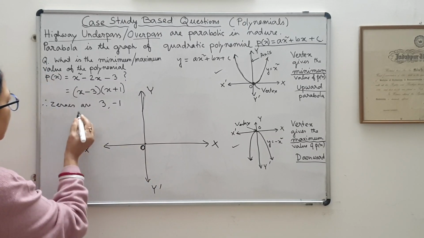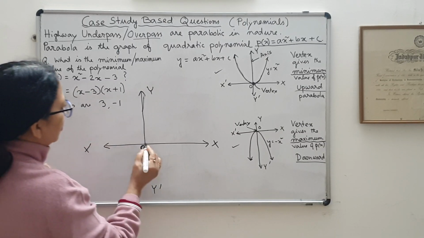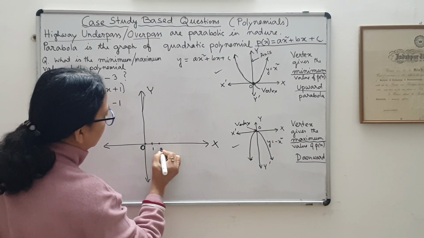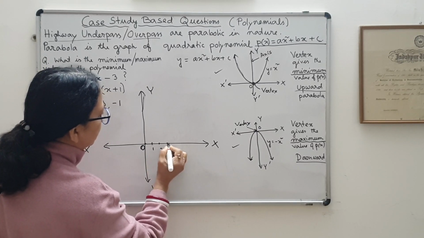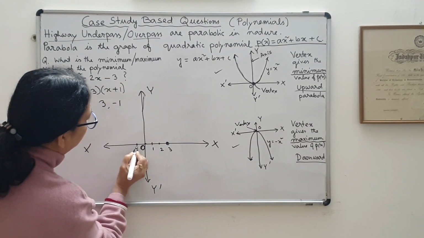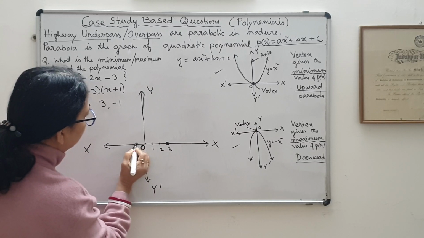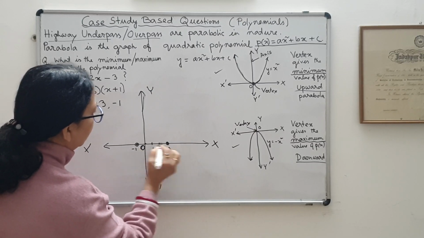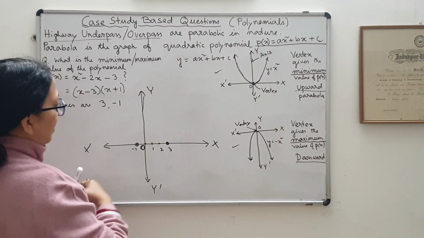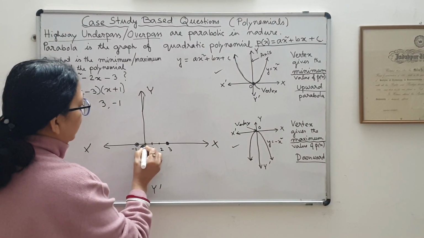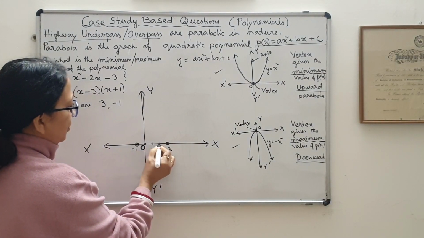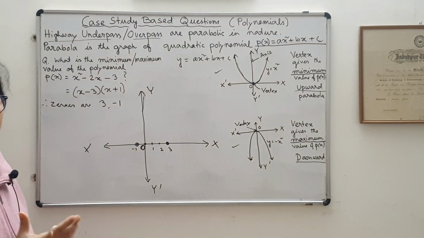Now the zeros are plus 3, so suppose this is 1, 2 and 3. So this is 3, 0. And another is minus 1, so it will be somewhere here. So this is another zero. So I have located the zeros. Now I have to find the values of the polynomial for the intermediate points. So there are 3 points: 0, 1 and 2. Then we can find out.